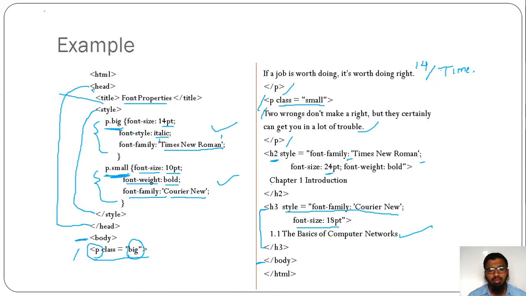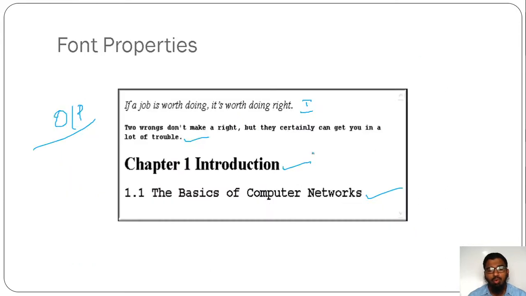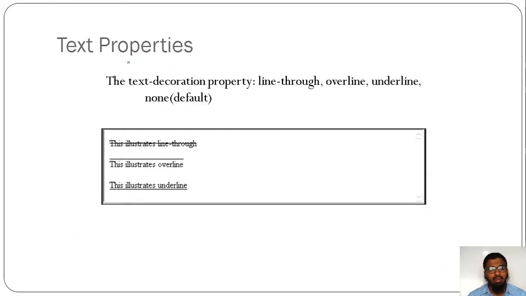So this is HTML. As you write the HTML code, same thing you need to write and save as .html, then it will execute. So you will get the output like this. Next, the text property.